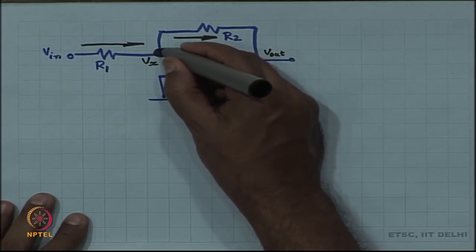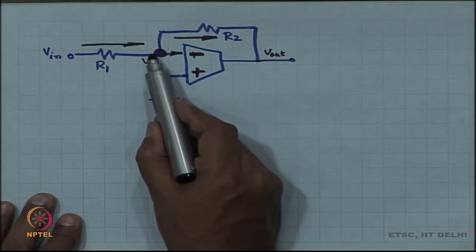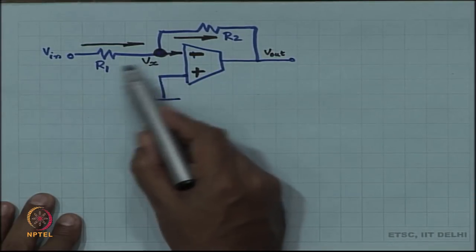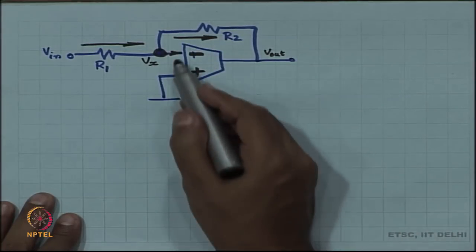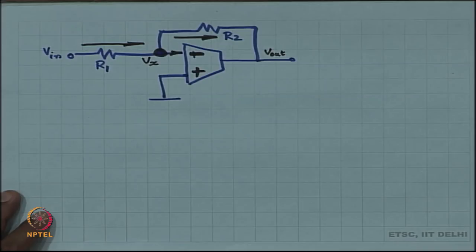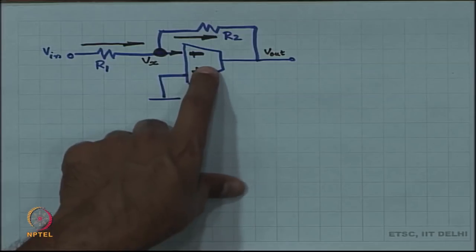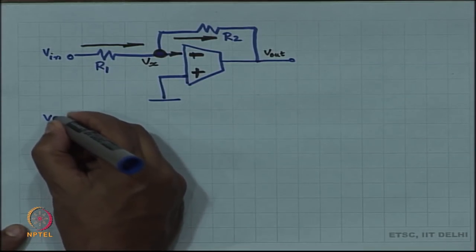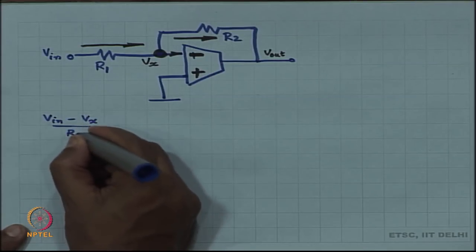We can write a KCL at this node and that KCL will look like (Vin - Vx)/R1 + (Vout - Vx)/R2 = 0. In any case, even after you plug the op amp or OTA back in over there, this current is going to be 0. So, my KCL is still going to be valid with or without the op amp or OTA, whatever it is.